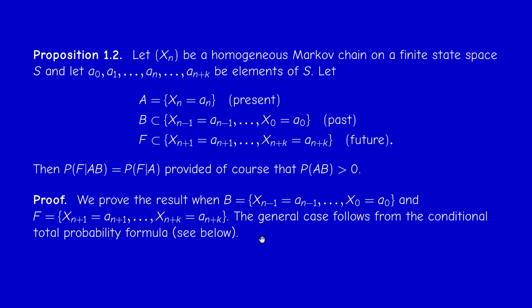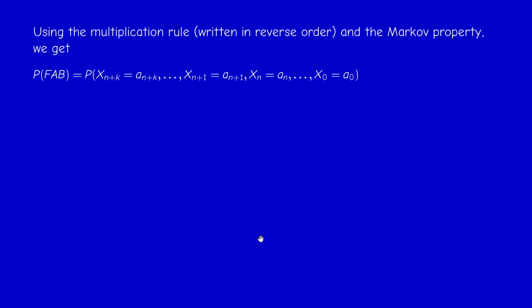Okay, so let us see. We use the multiplication rule, but in reverse order. So the probability of future, present, past, right? So A is the present. So future, present, past is the probability of this path: x0 given, x1 given, etc., xn given, xn plus 1 up to xn plus k.